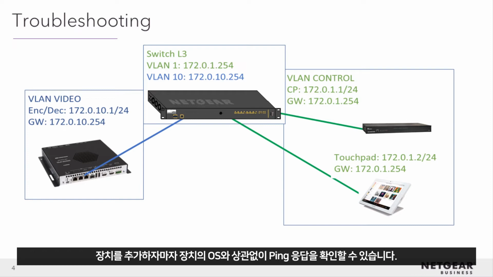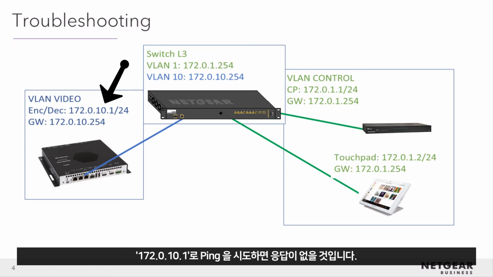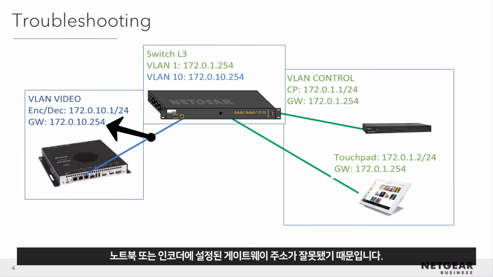As soon as you add a device, whatever the IP address of the device, you will get a positive answer. Then if you try to ping the device 10.1 and you get a negative answer, it's because of the gateway address set up in the device, from your laptop or the encoder. You have a wrong gateway. That's why you cannot ping each other.